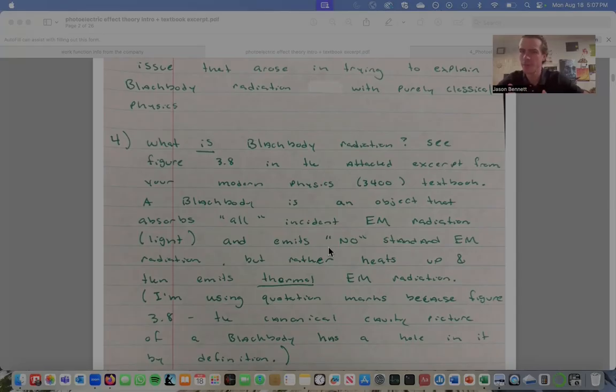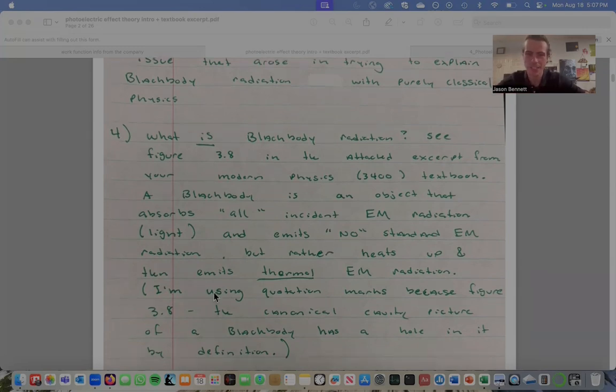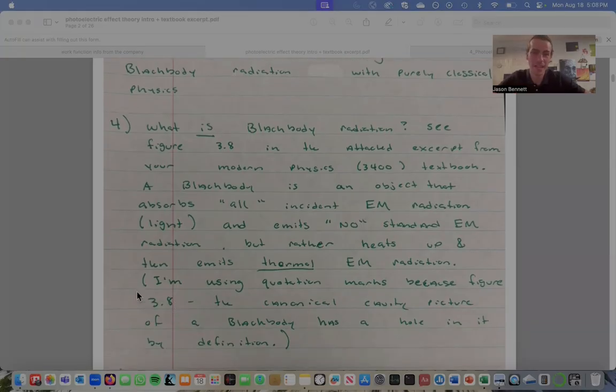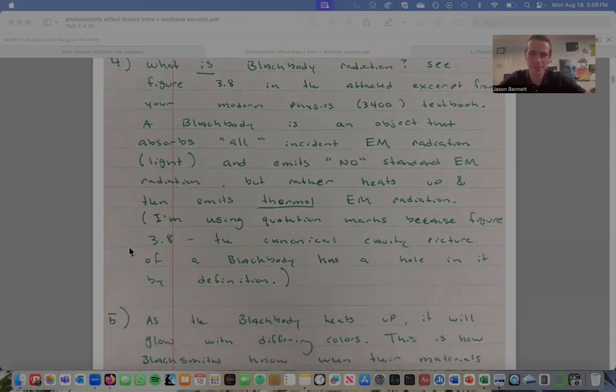So it's just a different type of electromagnetic radiation. I'm using the word quotations here because technically, in this canonical cavity picture of a black body where you shine light in, it can't escape, and it heats up, there's technically still a hole in it. So it absorbs almost all of the incident light and it emits almost no light, but technically there could be.